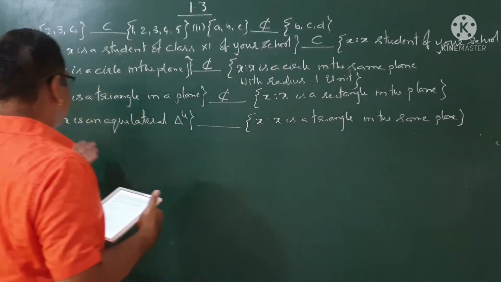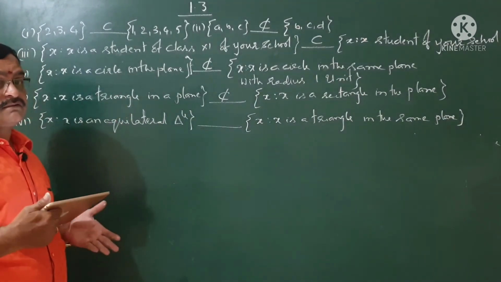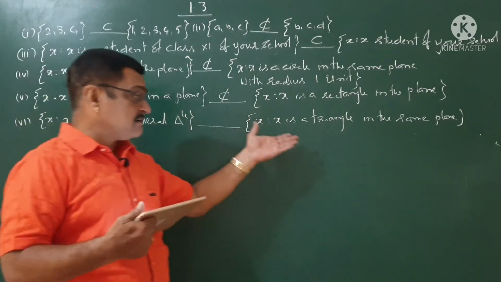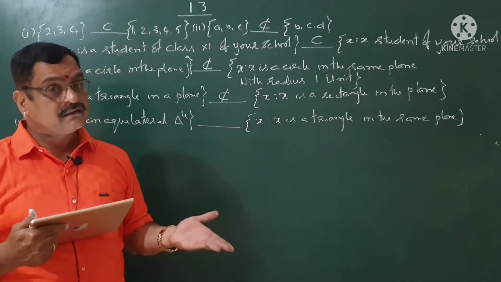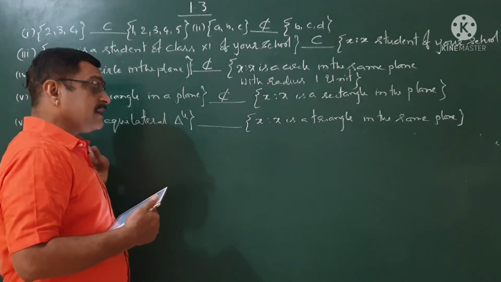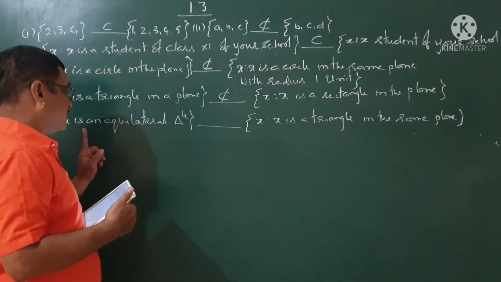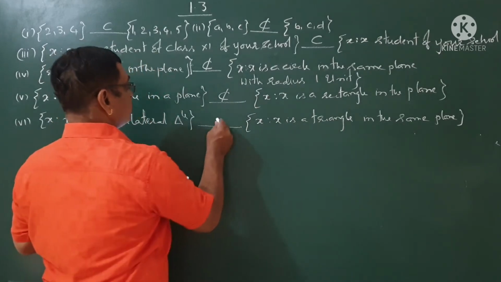Yes. Now the first one is the set of equilateral triangles, a particular case of triangles, whereas the second one is the set of triangles in the same plane. So equilateral triangles are a particular case of triangles, therefore definitely every element belongs to the second set, therefore I can say this is a subset.